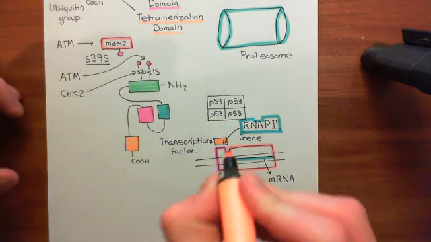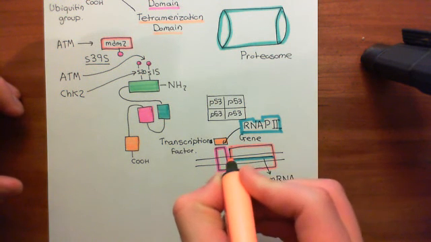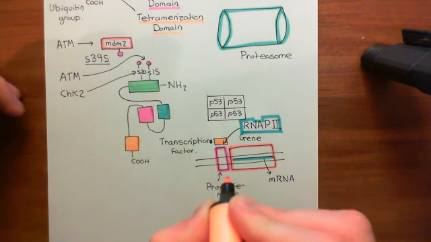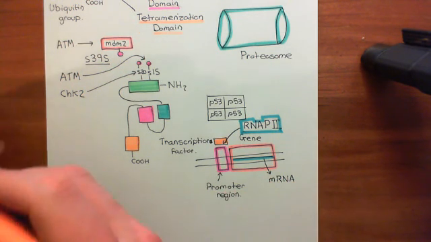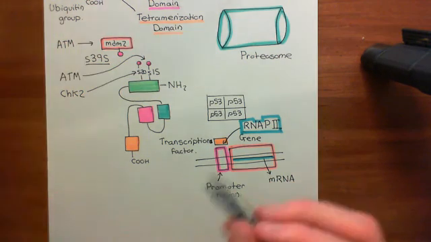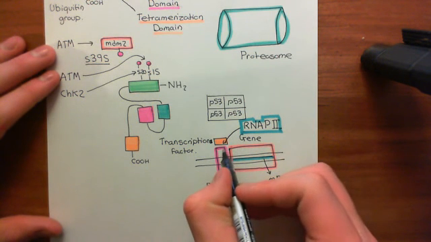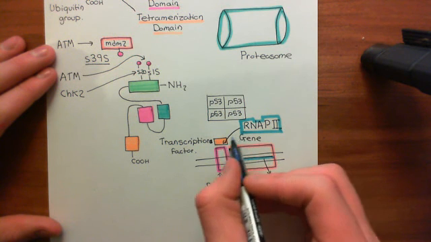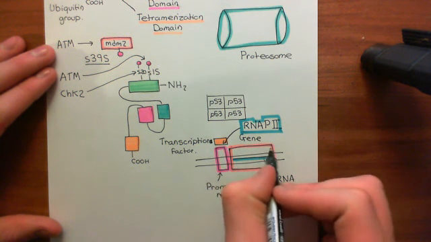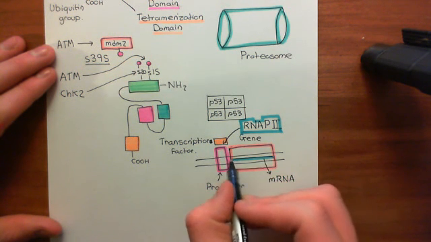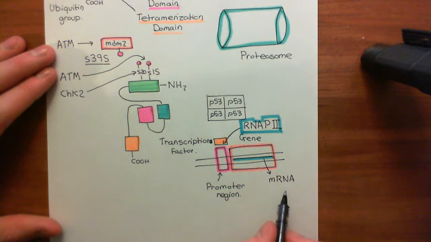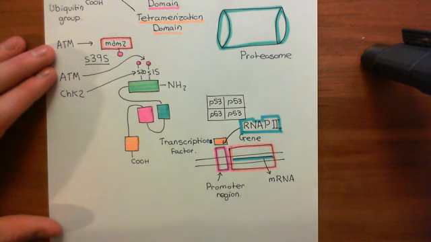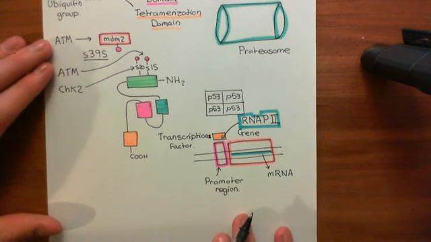Now when it binds to those promoter regions, at some of them it will increase the affinity of those promoter regions for binding RNA polymerase 2. Therefore RNA polymerase 2 will bind to that promoter region with the transcription factor more often. It will then work its way down the downstream gene and produce mRNA more often, and therefore you'll get an increase in the production of protein because you've got an increase in the production of mRNA.